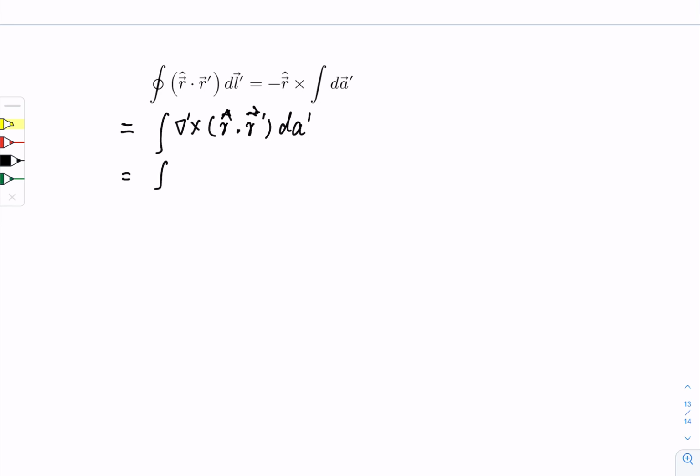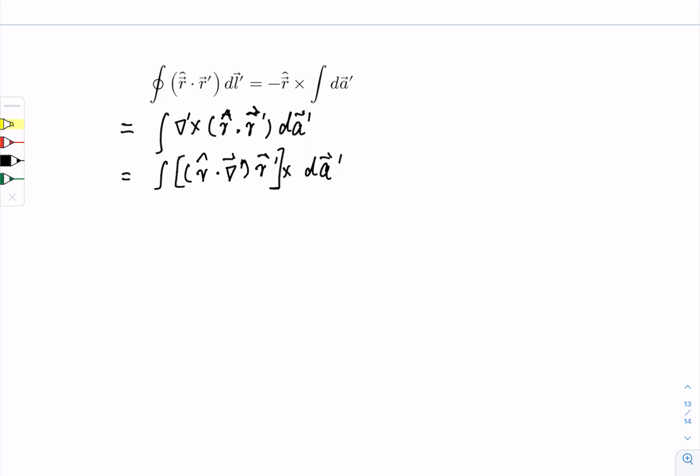We get r hat dot. So in the end we can get a single term that's applying the del prime operator only on the r prime.